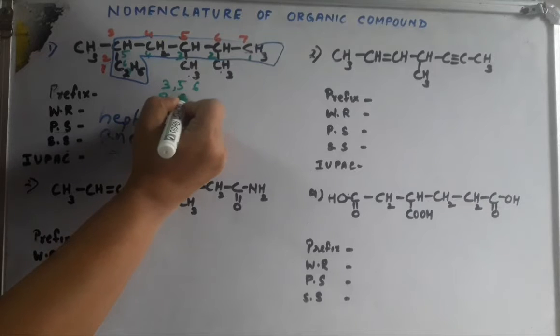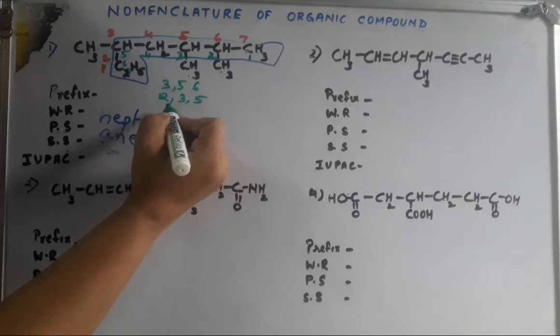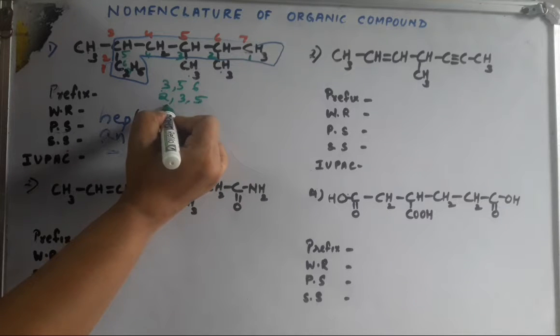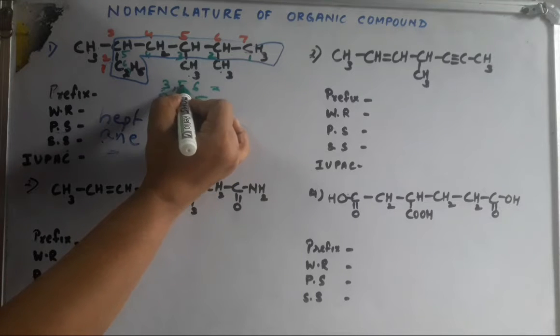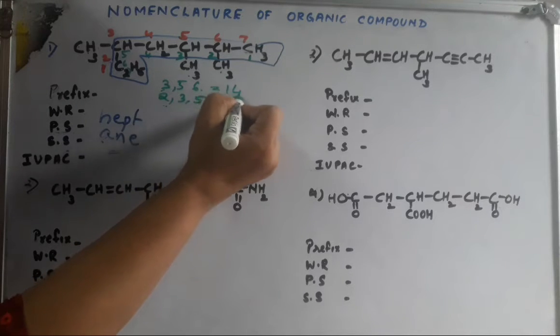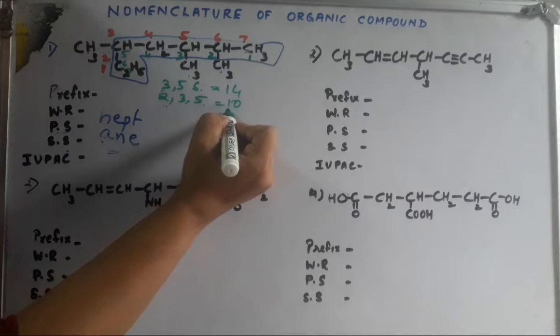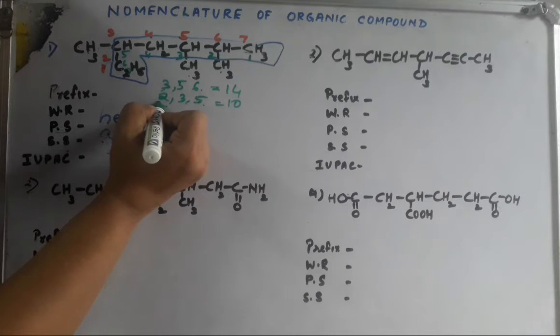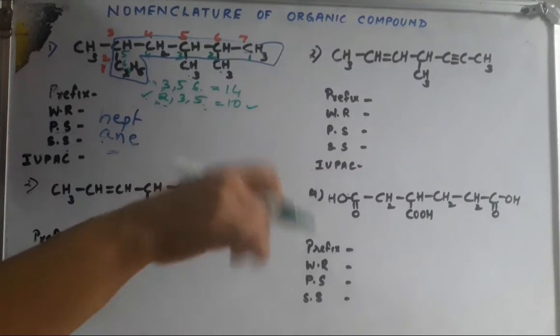Now among the positions, whichever is the lowest, take the lowest locant or lowest sum. 5 plus 3, 8 plus 6, 14. 2 plus 3, 5 plus 5, 10. So lowest sum should be taken, or lowest locant. The first position itself is lowest here, so that is preferred. According to the lowest locant rule or lowest sum rule, this one is the correct numbering.